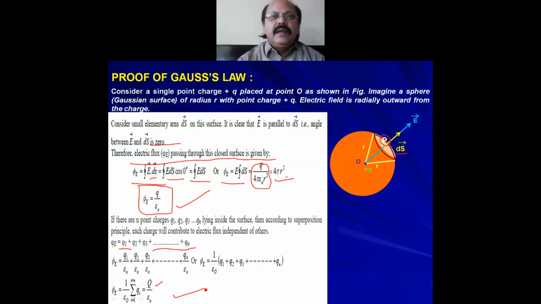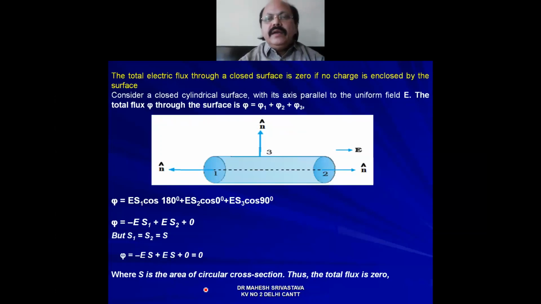Now we take another concept, the charge enclosed by the surface. If no charge is enclosed by the surface, then what happens? Obviously, if charge is not enclosed by the surface, then the field lines will not pass through the closed surface. So in that condition, the total electric flux through a closed surface is 0.